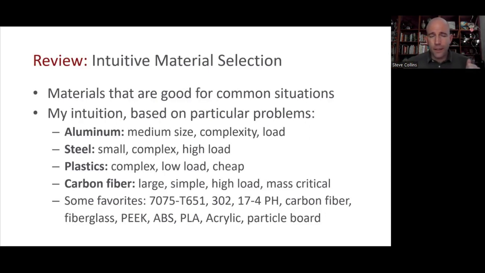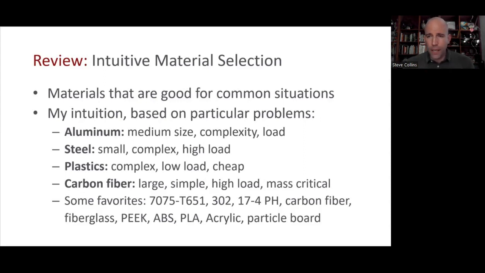One is aluminum, and it's usually useful when you have a medium-sized component with some complexity and a medium load. We often use steel when we have a small component that has a lot of complexity and experiences high load. Plastics are often good for complex geometries that experience low load, especially when cost is a big consideration.